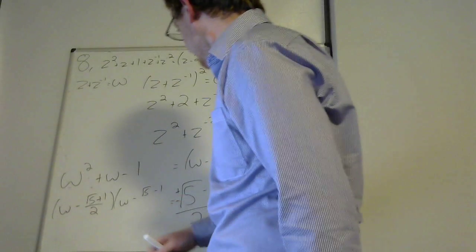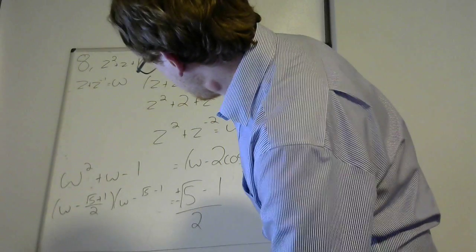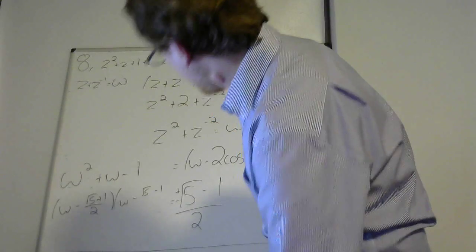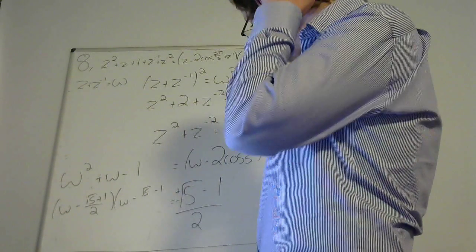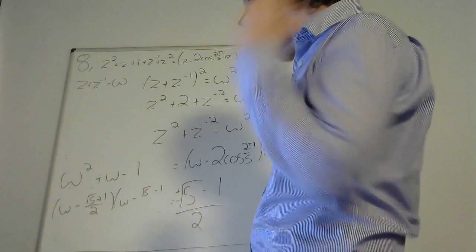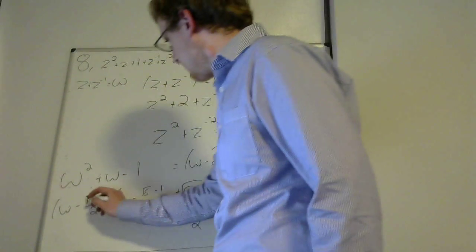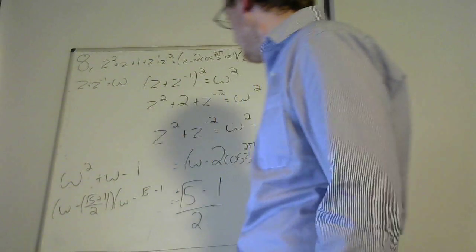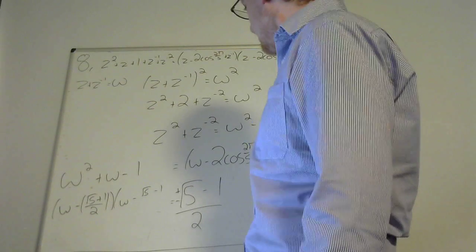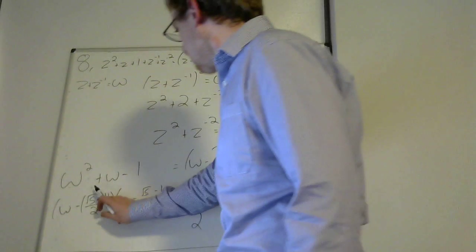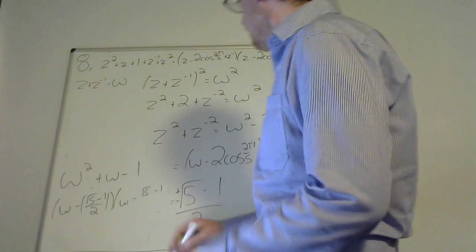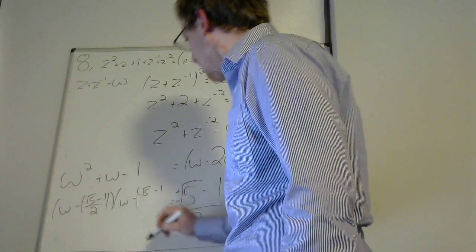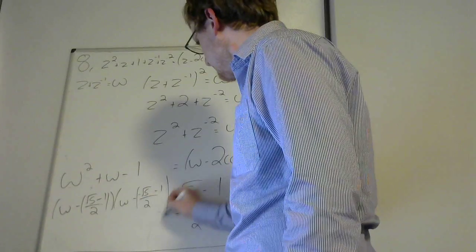So probably put that in brackets. W minus root 5 minus 1 over 2, and w plus root 5 plus 1 over 2.